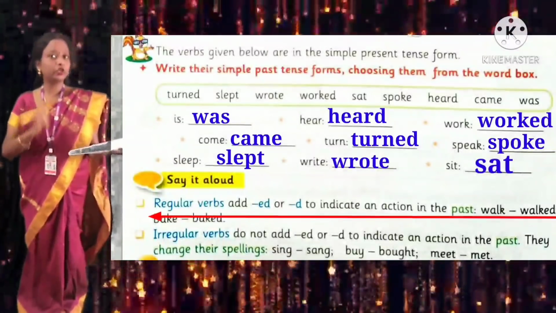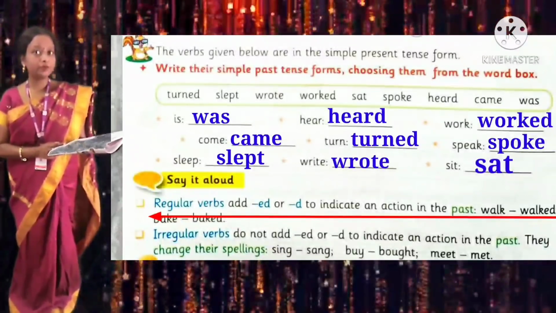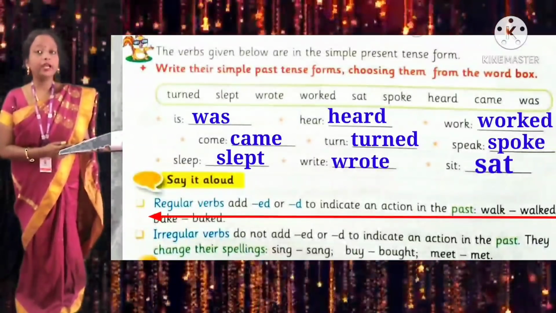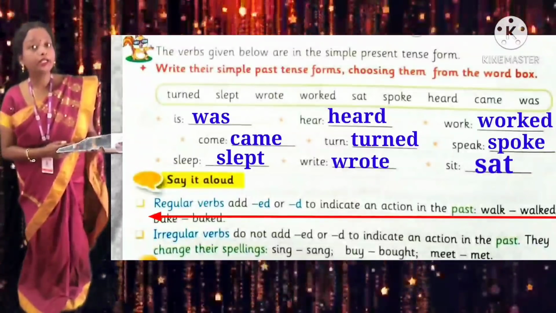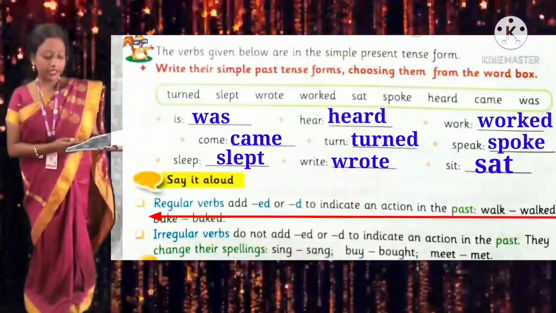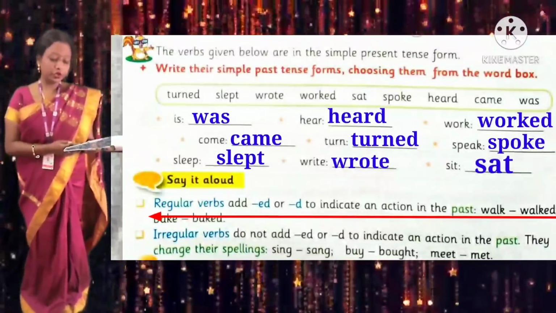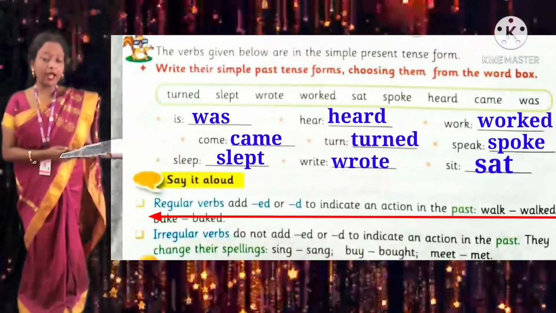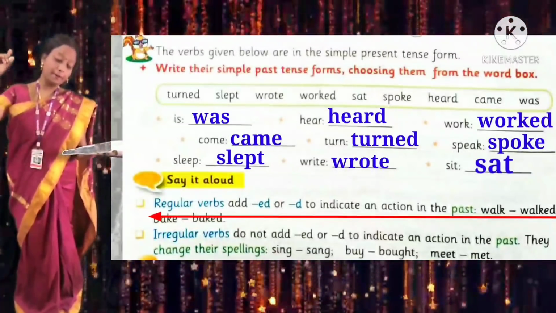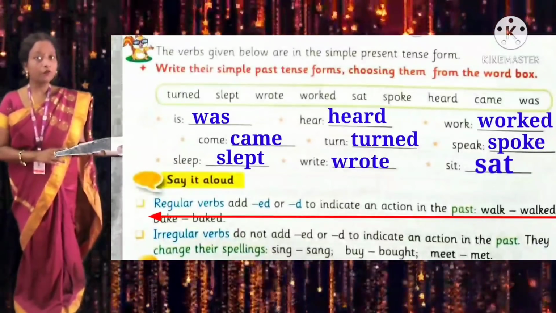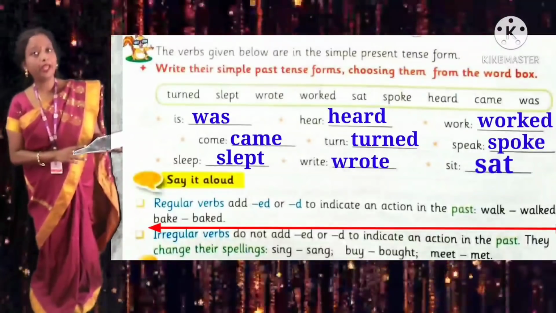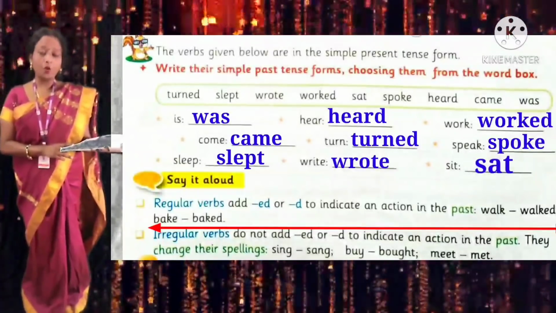Okay? Regular verbs. I told you what regular verbs are. One more time, I'll explain. Regular verbs add ed or d to indicate an action in the past. Remember, children, always regular verbs add ed or d to indicate an action in the past. Walk, walked. Bake, baked. I walk.